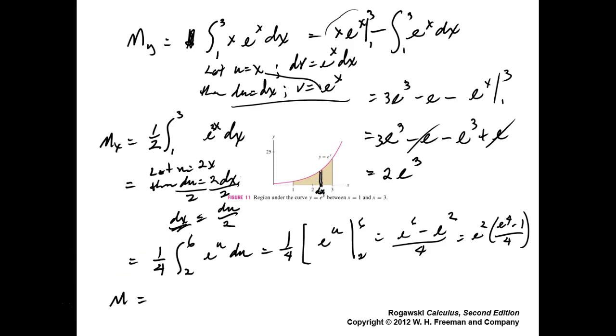And this time it's just the integral from 1 to 3 of e to the x dx. Height times width. Nothing extra, nothing added, nothing multiplied, nothing halved, just that. And what does that give us?